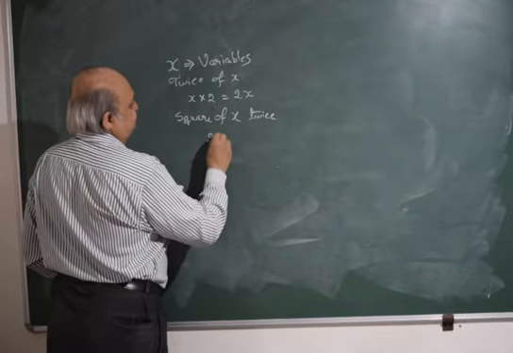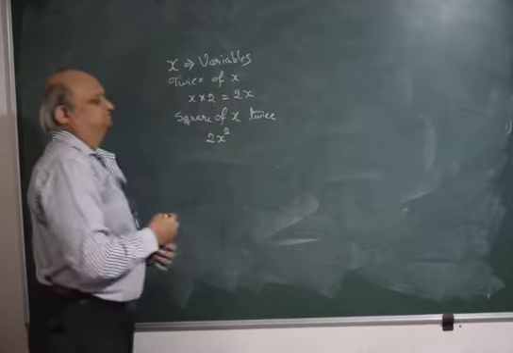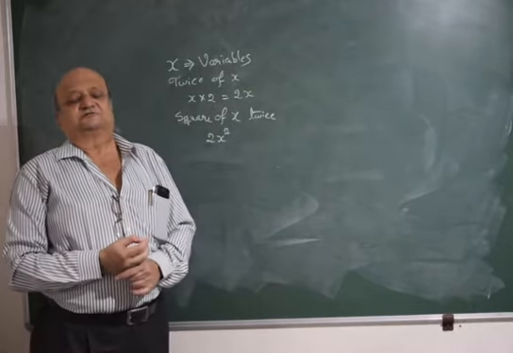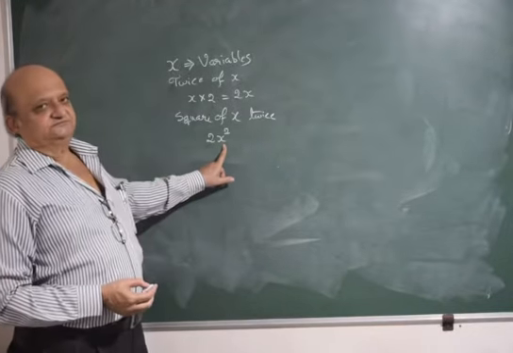The constant comes first, and the square power or the power of 2 is given to x.